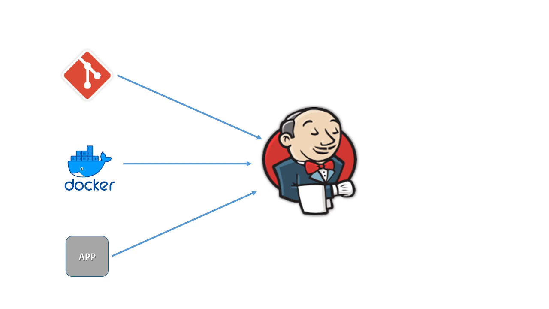Let's see an example where exactly you trigger this job. For example, trigger an integration test job when a developer creates a pull request to make sure the new changes do not break the existing functionality.